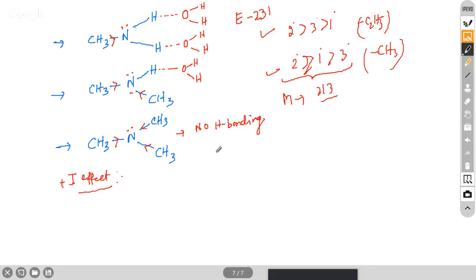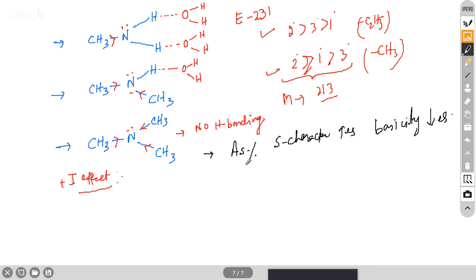Now you see the next point to write down. As percentage s character increases, basicity decreases. Why does basicity decrease?